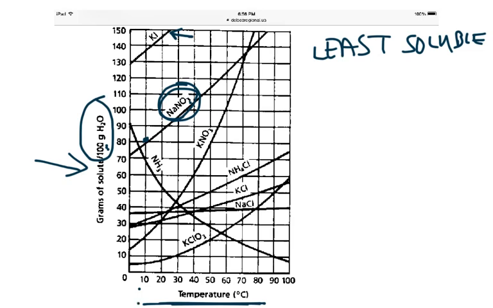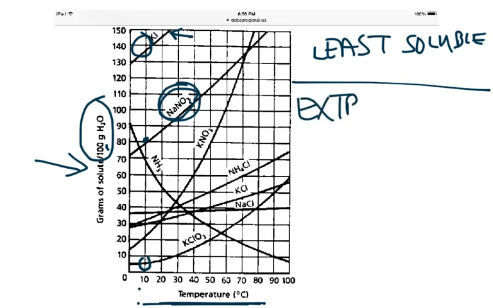So I find 10 degrees, and the most soluble would be way up here, KI. I can put like 138 grams of this stuff. The least soluble would be this KClO3 down here. I can only put like 5 grams in there. So when you're doing that, you're identifying trends. So that's one thing you may have to do.